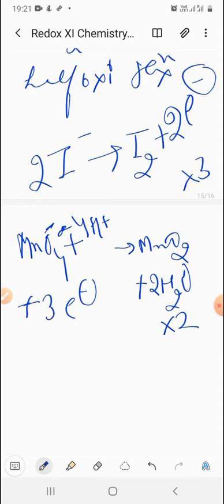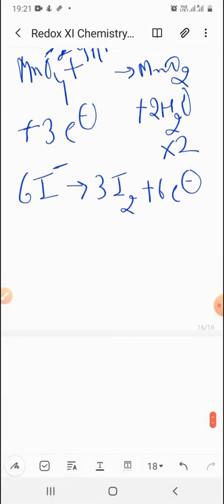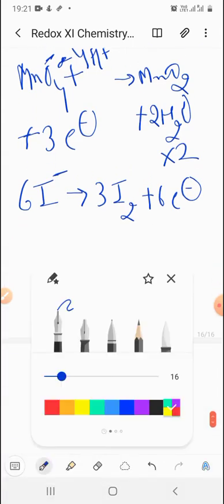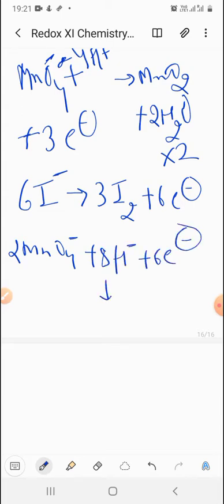So if you multiply this equation by 3, it will become 6 I negative gives you 3I2 plus 6 electrons. And the next equation, if you multiply by 2, it will become 2 MnO4 negative plus 8H positive plus 6 electrons, giving you MnO2 plus 4 water molecules.